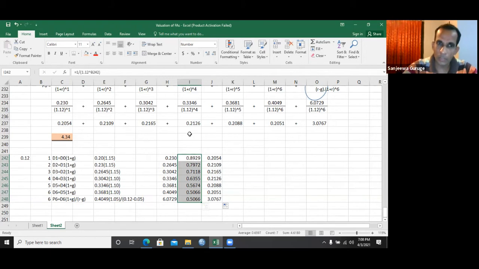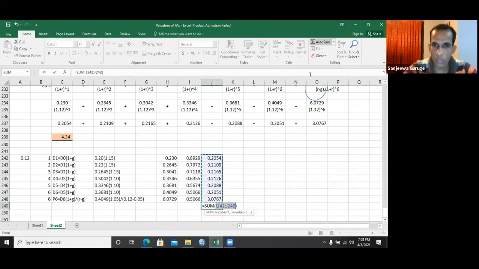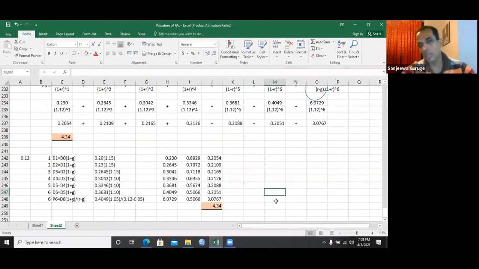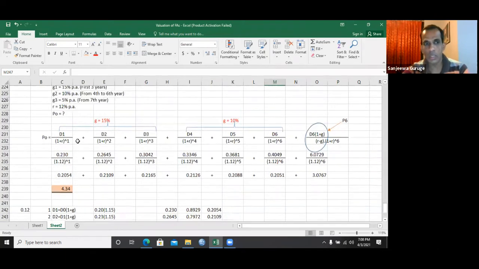And after that, we need to get the total of this column, which is the amount you mentioned, 4.34, right? 4.34 is the present value of these future benefits. The price the consumer is willing to pay is 4.34 according to the current estimates.